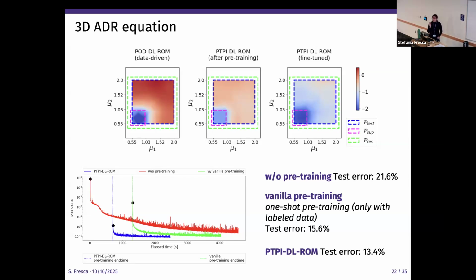And in doing that, we compare it with two alternative procedures: no pre-training, and pre-training with just supervised data, vanilla pre-training. As we can see, PTPI DL-ROM is the one providing the lowest testing error in the smallest number of epochs, and it also shows the most stable training.